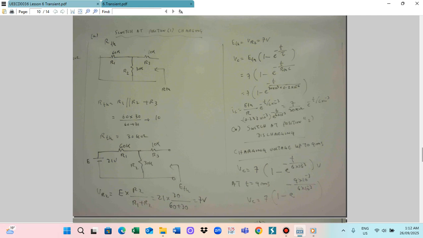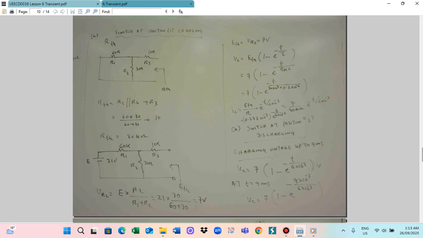So VC is equal to 7 into 1 minus e power minus T by 6 into 10 power minus 3, with T equal to 9 milliseconds. So VC is equal to 7 into 1 minus e power minus 9 into 10 power minus 3 divided by 6 into 10 power minus 3.